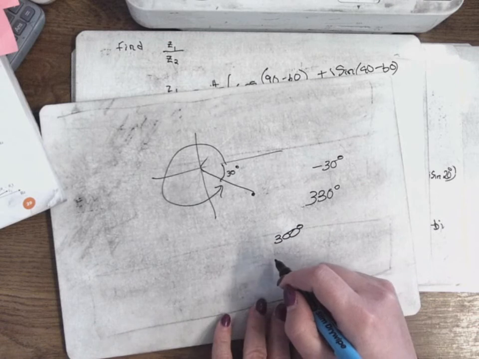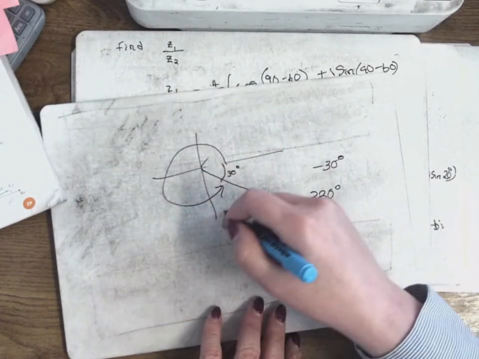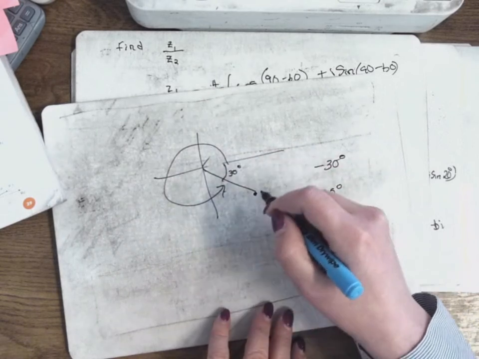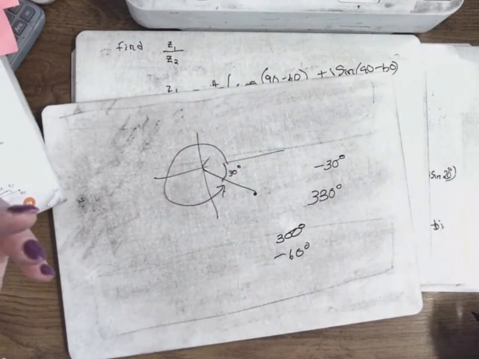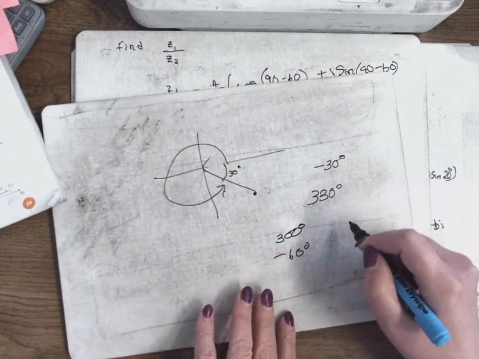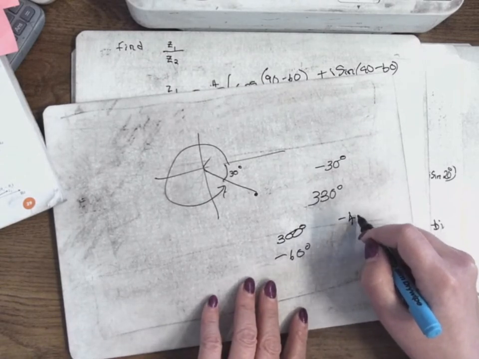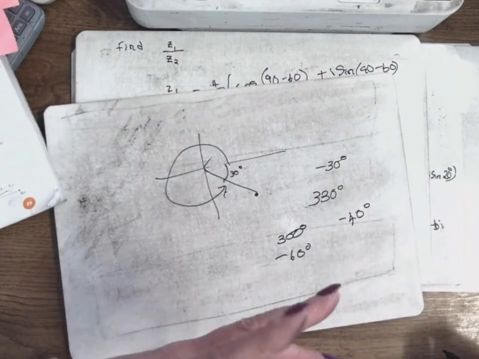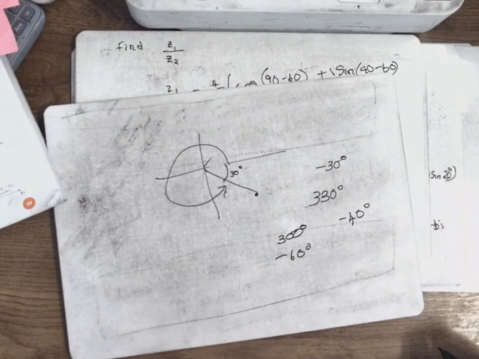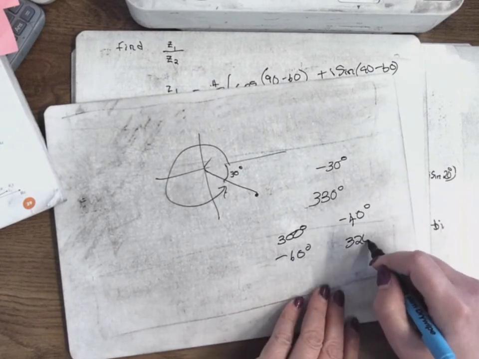Minus 60, wouldn't it? Instead of going 300 around this way, go 60 in the other direction. If I said minus 40 degrees, what would the plus angle of that be? 320, wouldn't it?